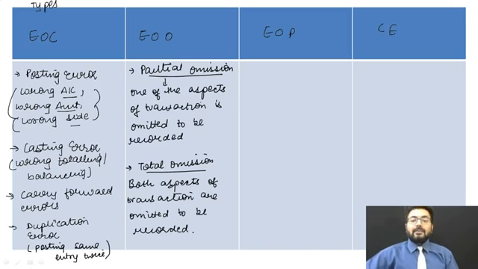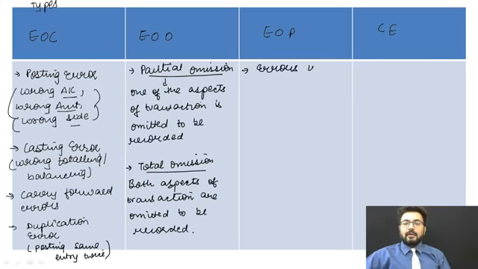Now, there are basically two aspects. Errors of principle. Errors of principle do have two types of errors. First, errors which do not affect profit.